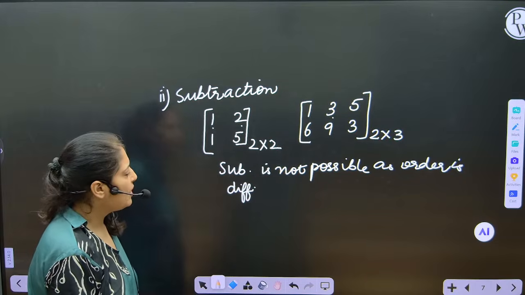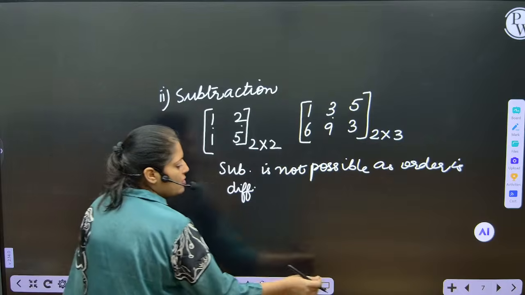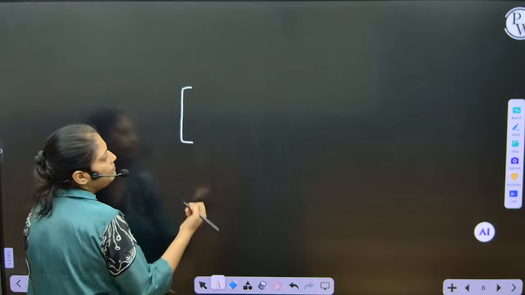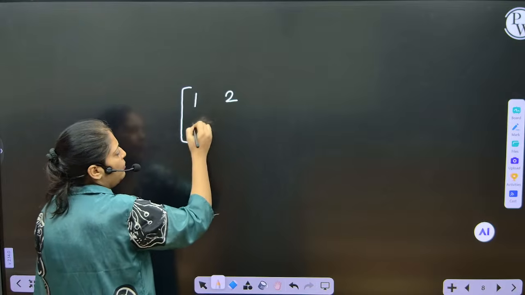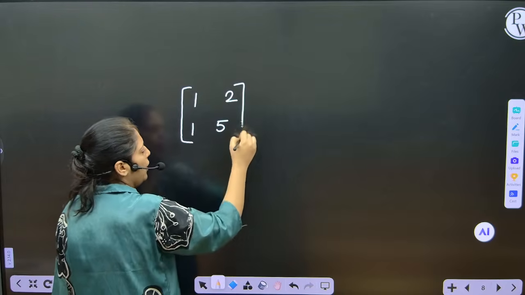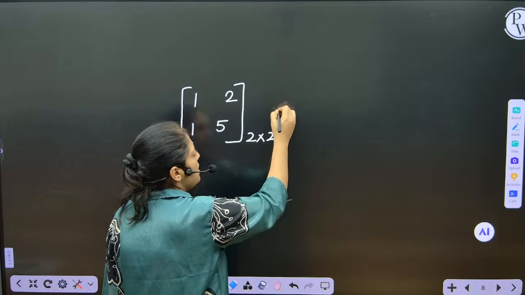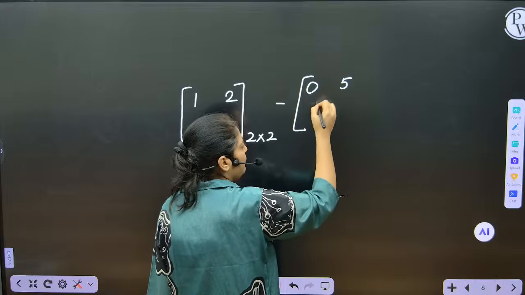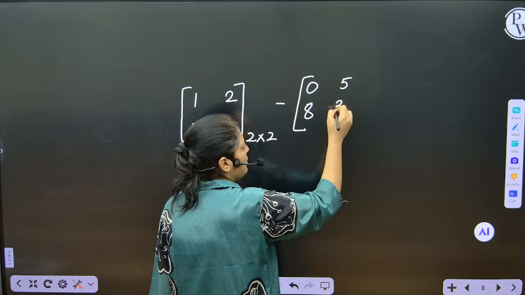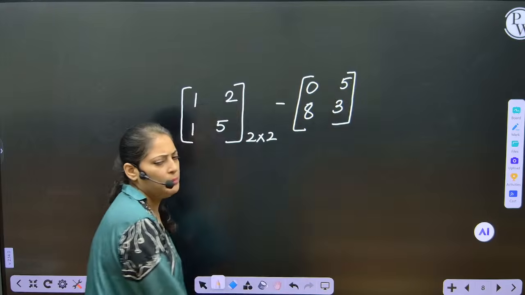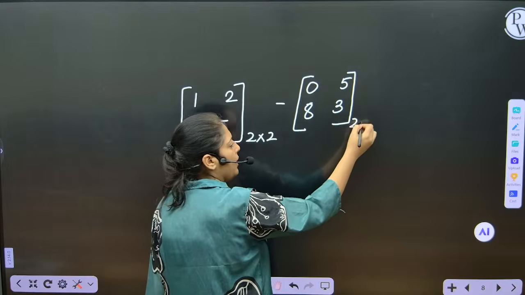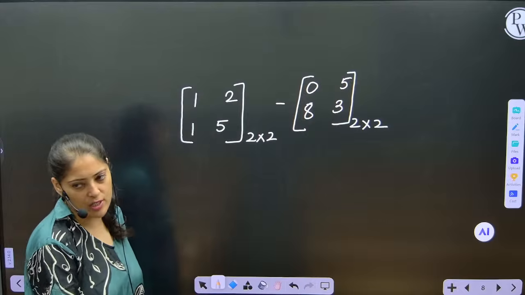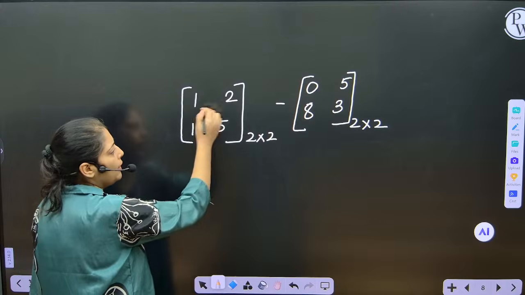Alright. So I'll take two matrices which have the same order. Randomly, 1, 2, 1, 5. The order is 2 cross 2. Subtraction I am doing with 0, 5, 8 and 3. Now subtraction is possible as the order is the same.